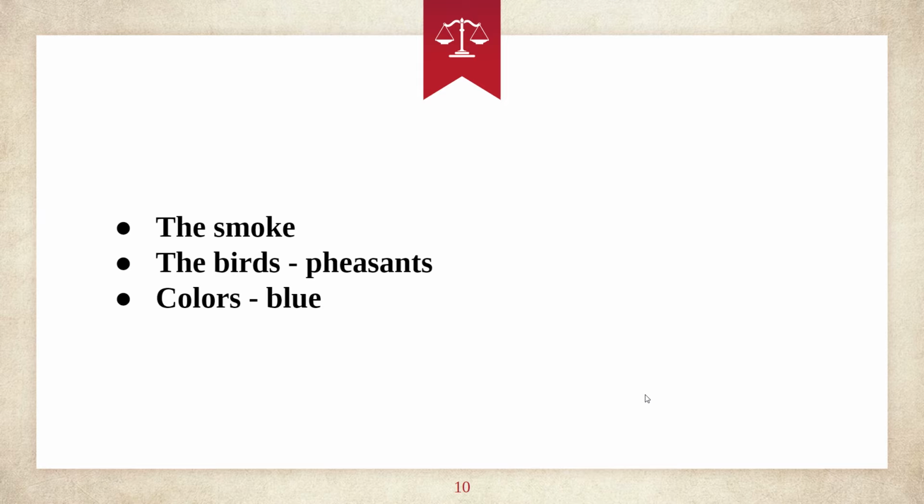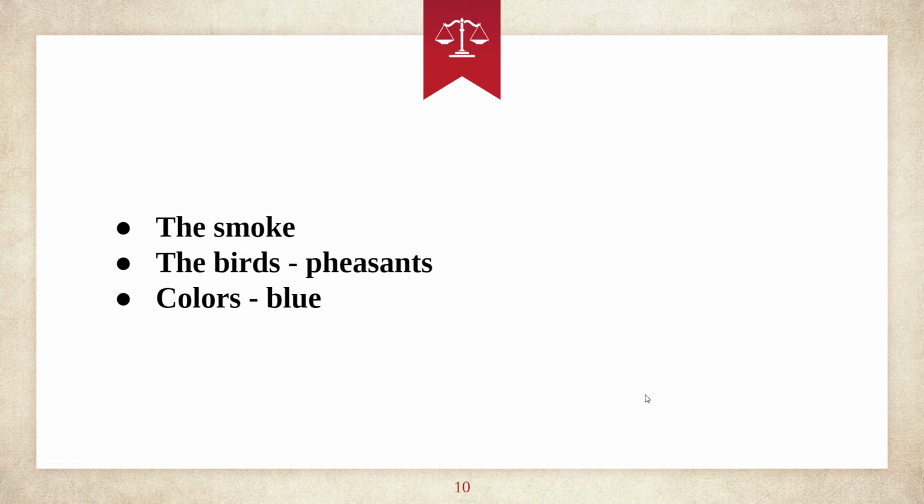In the case of In Cold Blood, I feel like Truman Capote uses the smoke to foreshadow the Clutter family's death, because Perry Smith smokes, and then Nancy Clutter is constantly smelling the smoke.